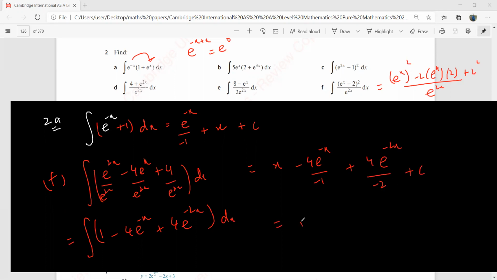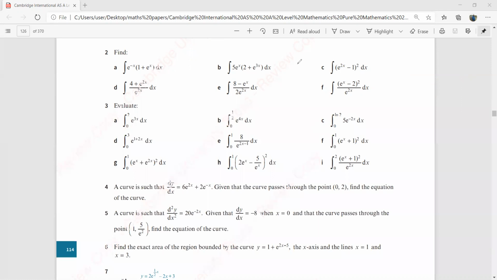And finally, this is x plus 4 over e raised to power x. This is cancelled by this. This is minus 2 over e raised to power 2x and then plus c. ठीक है? Yes, sir. So this way, you can try all these question number two's parts. And that will end our today's task.